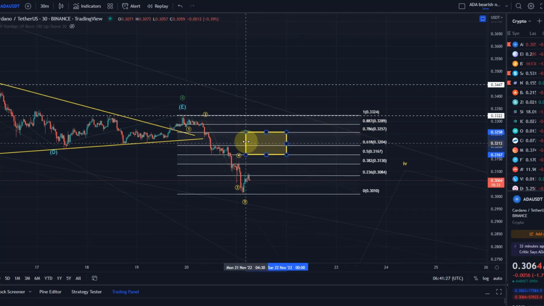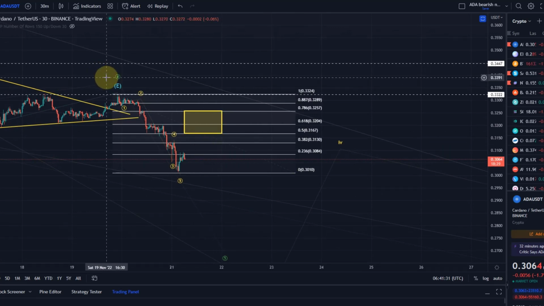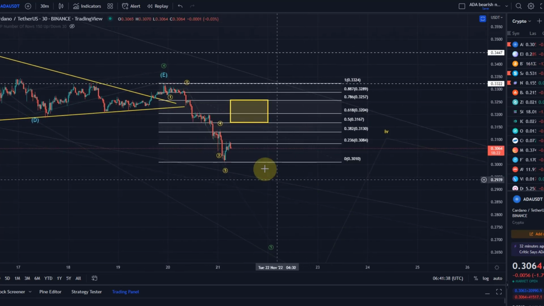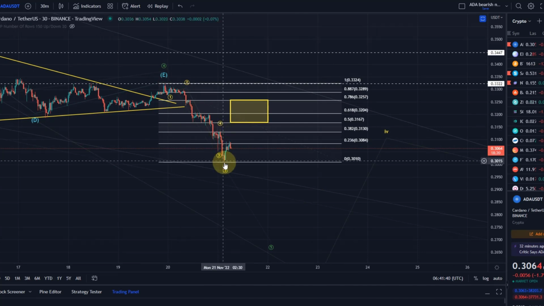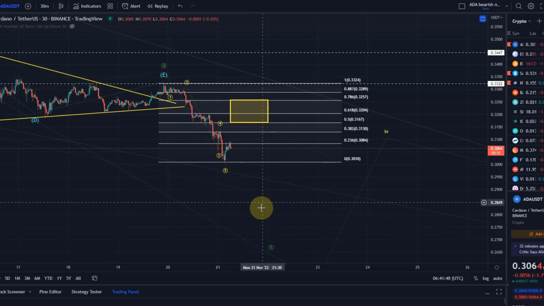It's not high probability at the moment, especially as ETH also dropped below 1130 and doesn't seem to be recovering. So it could very well be this is becoming an extended wave 5 down, but we need to be aware that 5 waves down are complete now, in possibly a wave 1, and we're now going to see a wave 2 to the upside, then a wave 3 down, a wave 4 up, and a wave 5 down.